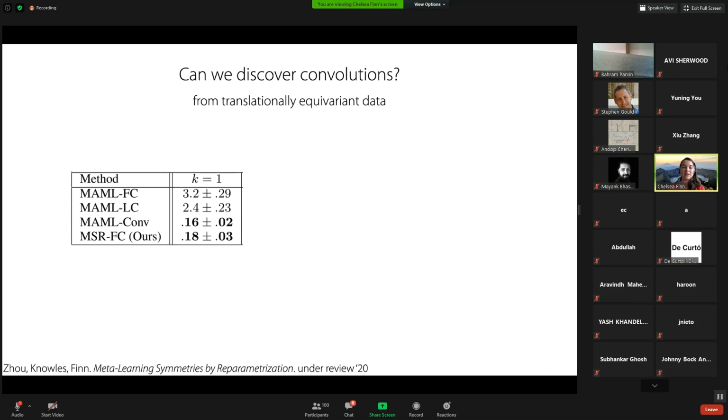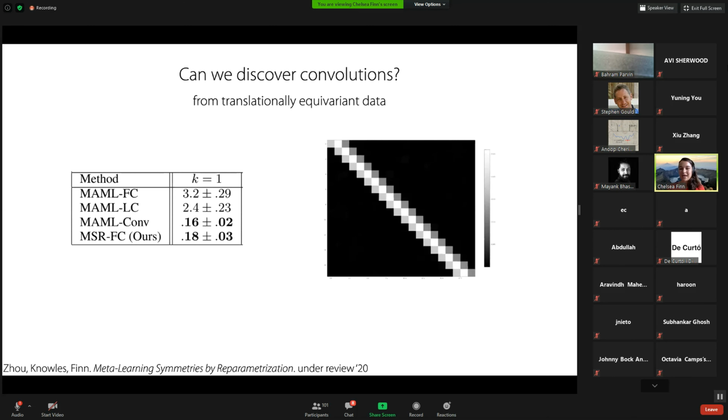And of course, MAML with fully connected networks and locally connected networks performed worse than MAML with convolution networks because they don't have this equivariance. Further, we can visualize the matrices that it learns, and it learns something that exactly looks like the matrix that I showed earlier with translational equivariance, with the weights copied over the matrix. Okay, so this is the first question we asked.